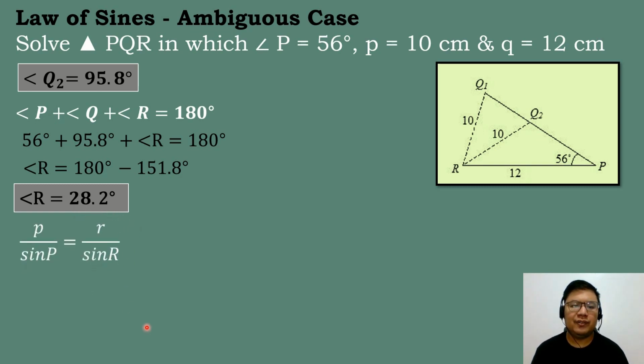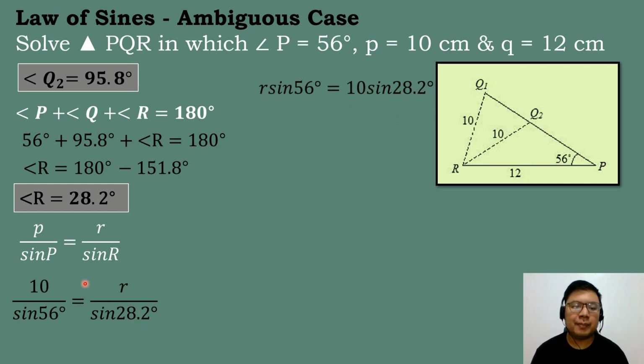Next, let's solve for the measure of side R using the law of sines. So we have p over sine P is equal to r over sine R. Let's substitute the corresponding values. Side P is equal to 10, over sine of angle P, which is 56 degrees, equals side r, which is unknown, over sine of angle R, which is 28.2 degrees.